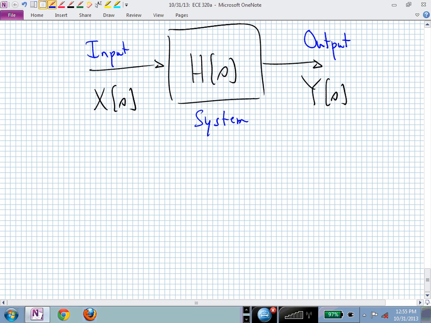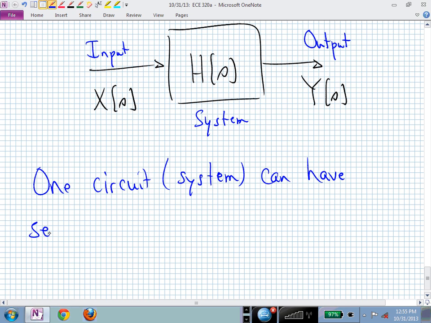You can have many different transfer functions in just one circuit, or in general, one system can have several transfer functions associated with it.